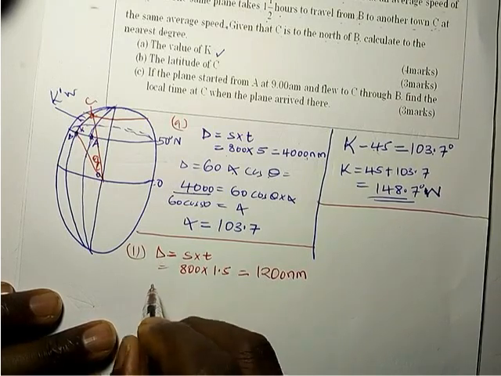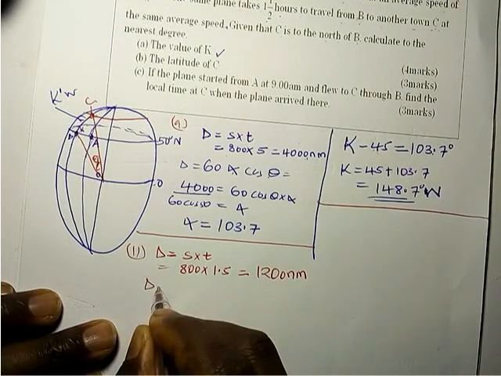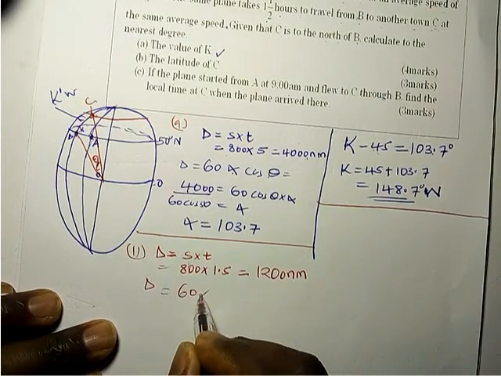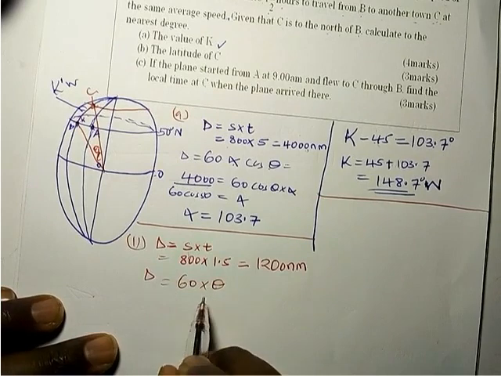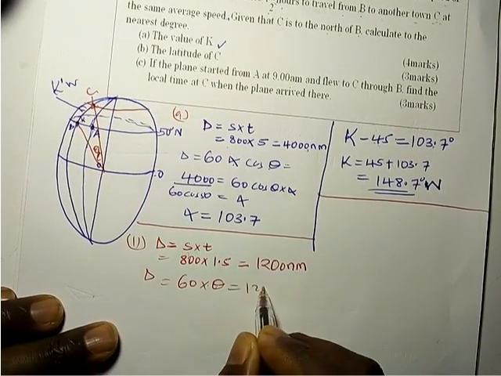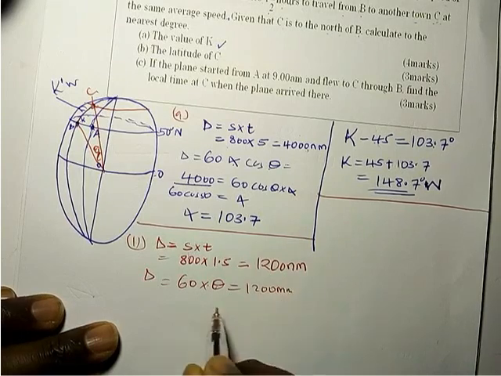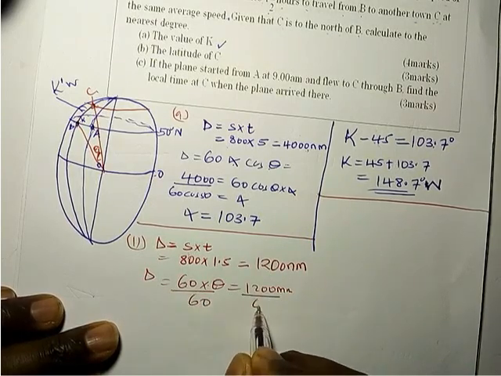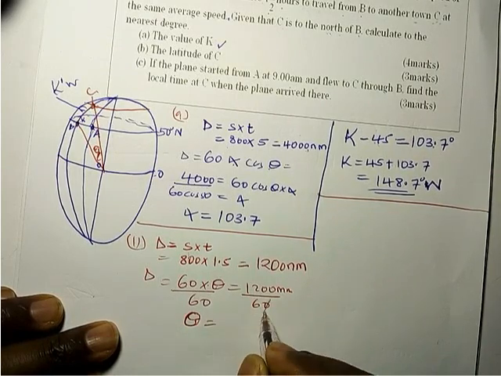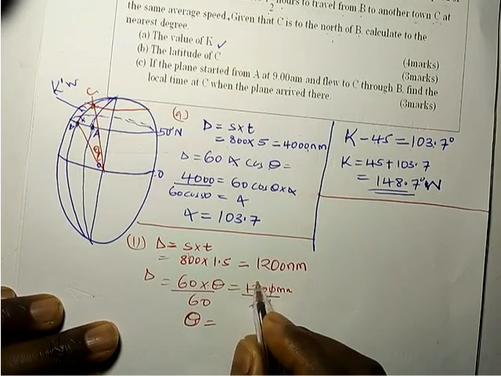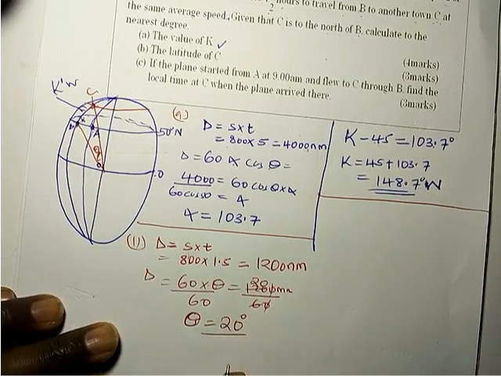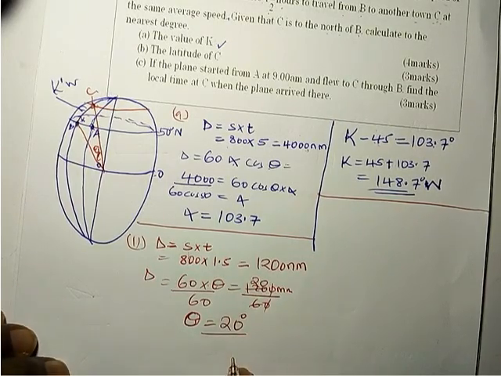How do we get the distance in nautical miles? Distance in nautical miles on a great circle is simply 60 times theta. So 60 times theta is equal to 1200 nautical miles. Divided by 60, theta is equal to 20 degrees.